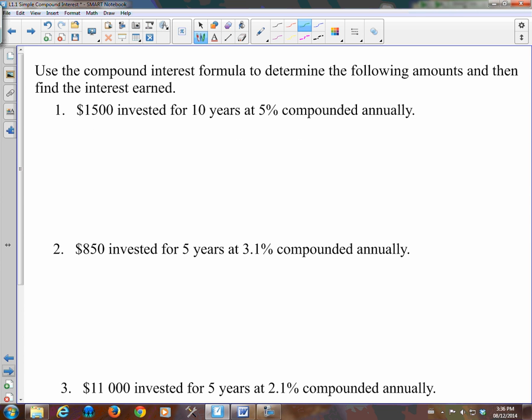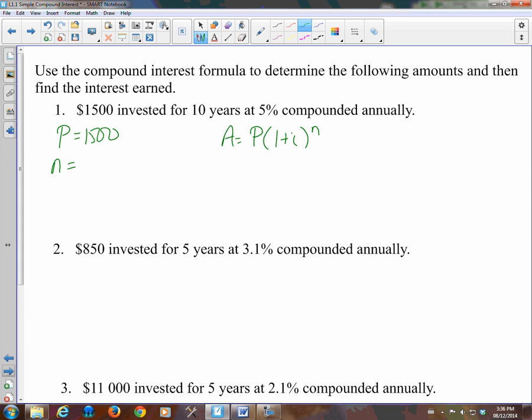All right, so compound interest formula to determine the following amounts and then find the interest earned. So my principal is $1,500. My formula, P bracket 1 plus I to the N. So compounded annually is once a year.